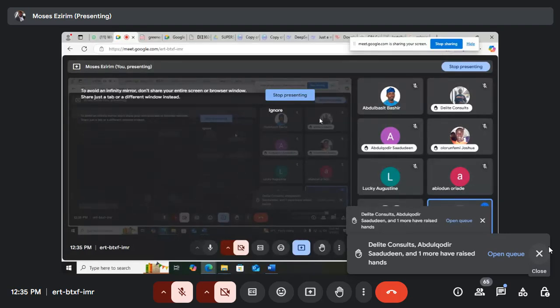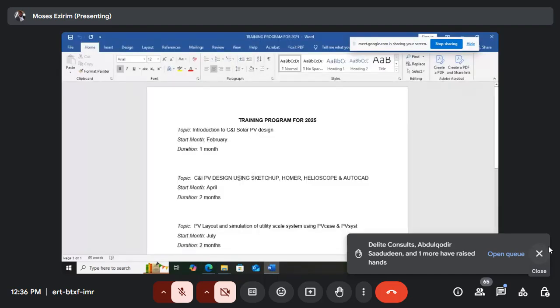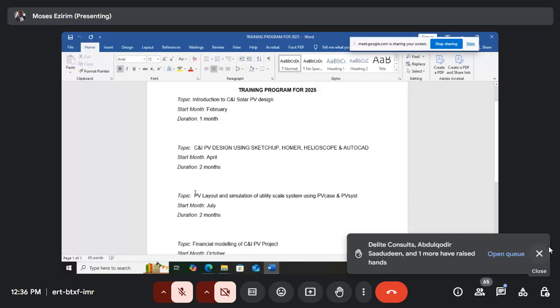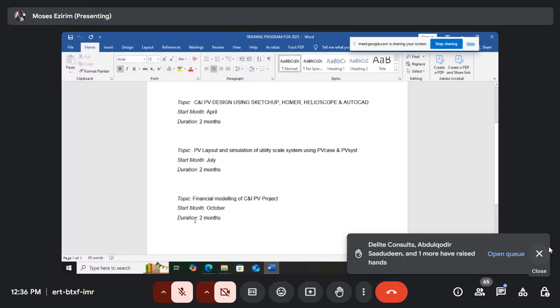But if you want to have it, we'll be having our subsequent trainings, which I've just shared with you. For April, we'll be having SketchUp, Homer, Helioscope, and AutoCAD. For July, you'll be having PVsyst and PVC. For October, we'll be having financial modelling.